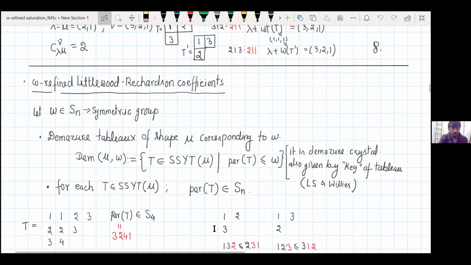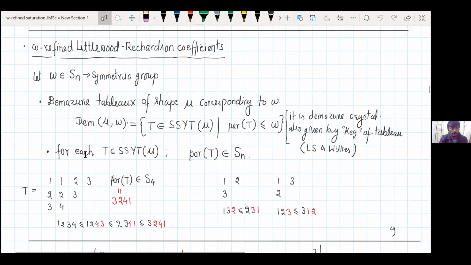Okay. Now I'd like to define the W-refined Littlewood-Richardson coefficient. Let W be a permutation in the symmetric group Sn. We define a Demazure tableau set of shape mu corresponding to W. We collect all tableaux of shape mu such that the permutation associated to the tableau is less than or equal to W. For each tableau you can associate a permutation.